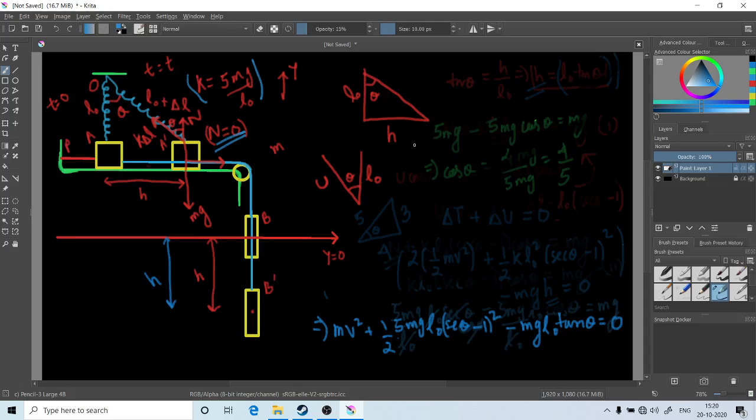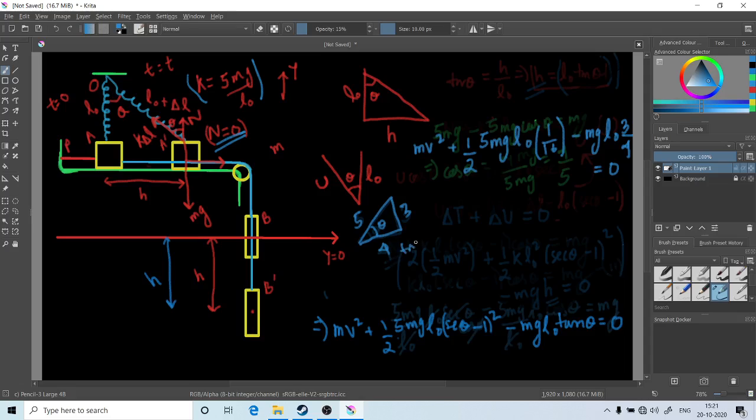Therefore, solving it, we get mv squared plus half times 5mg L0 times 1 by 16 minus mg L0 times 3 by 4 is equal to 0. The value of tan theta, as we discussed earlier, is 3 by 4.